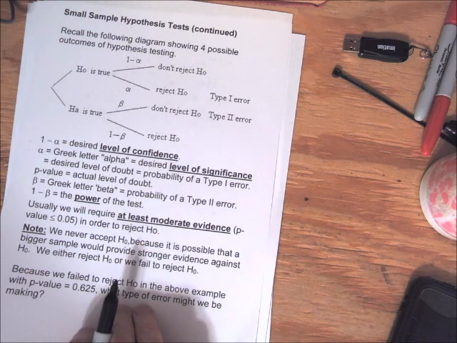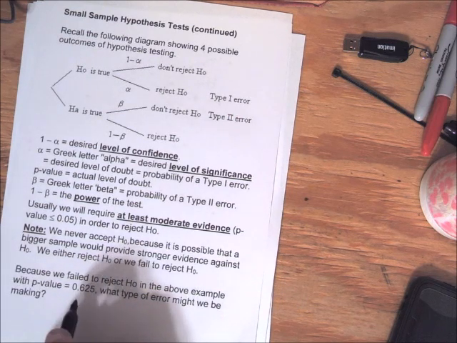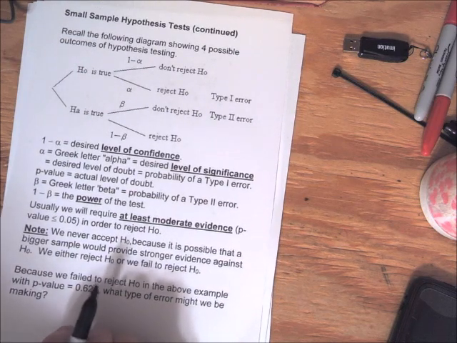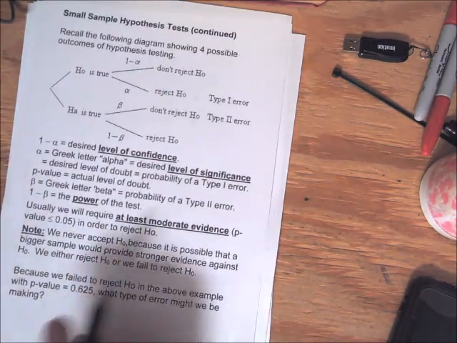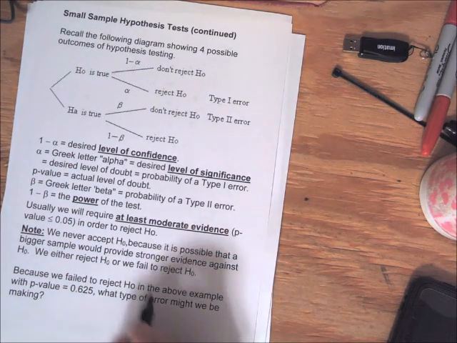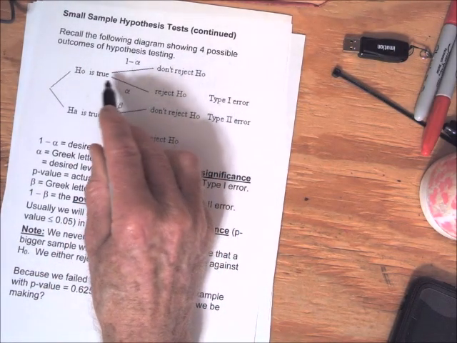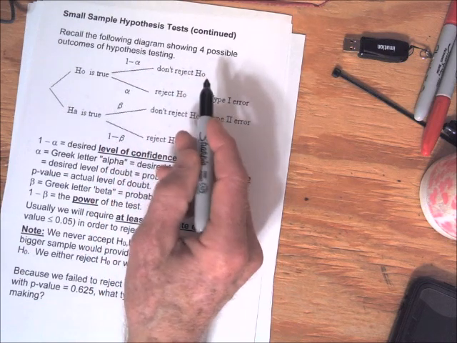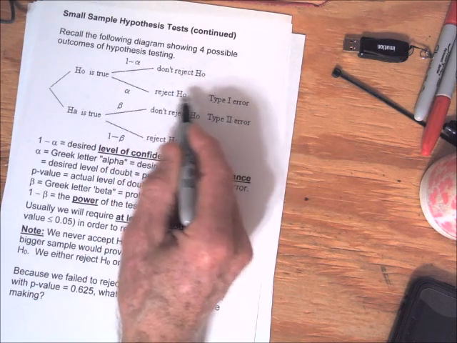So anyway, in this case, our p-value of 0.6 is more than alpha, so we fail to reject H0. So it's possible we would have made a type 1 error in this case if we had rejected H0. It might be that the coin is actually unevenly weighted, but we had a small sample.